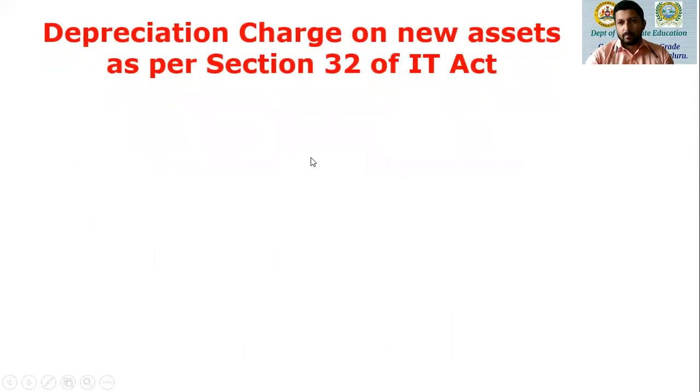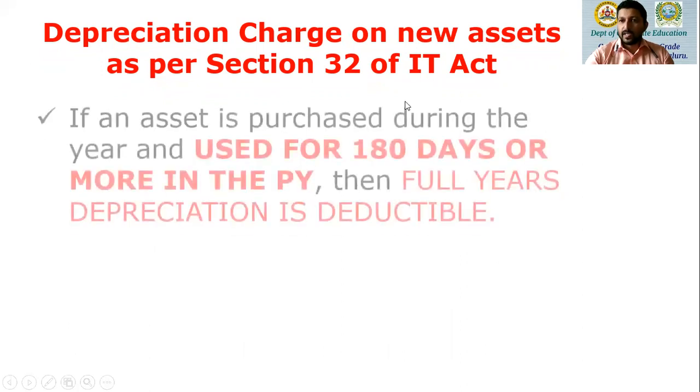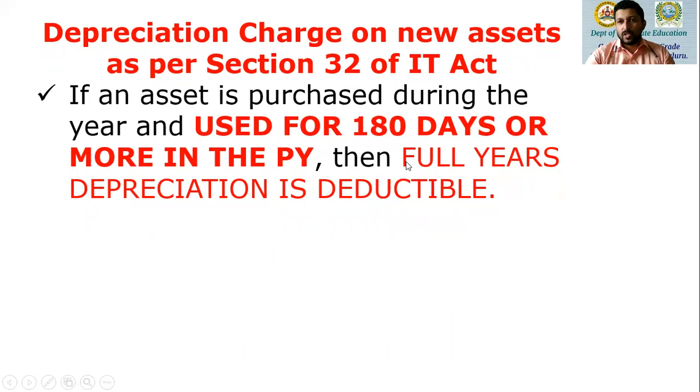Now, a very, very important point: the difference between depreciation rules in accounting and depreciation rules in taxation. Section 32 of the Income Tax Act, what does it say about any new asset purchased during the year? It says, if any asset is purchased during the year and used for 180 days or more in the previous year, I stress, used for 180 days or more in the previous year, then full year's depreciation is deductible.